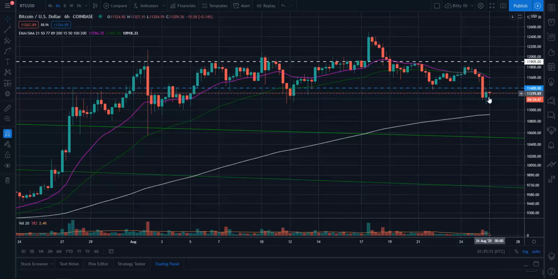The price action we're seeing is definitely of a bearish nature, but not convinced yet that this is fully going to break down.